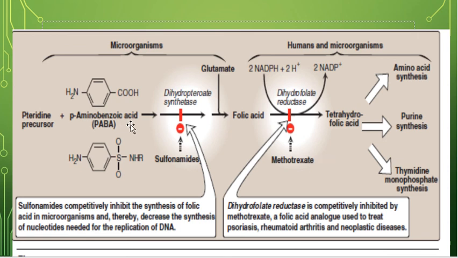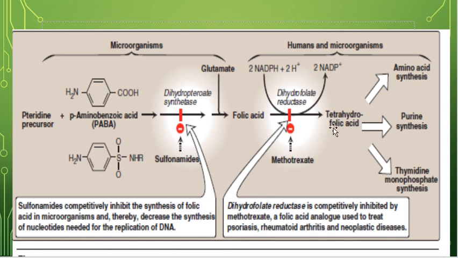Here is the mechanism of the formation of the active form of folic acid, that is tetrahydrofolic acid. This reaction takes place in the microorganism, and the product acts in both human and microorganism. A pteridine precursor plus para-aminobenzoic acid, with the help of the enzyme dihydropteroate synthetase, is converted into folic acid with the addition of glutamate, and this folic acid is converted into tetrahydrofolic acid with the help of the enzyme dihydrofolate reductase.